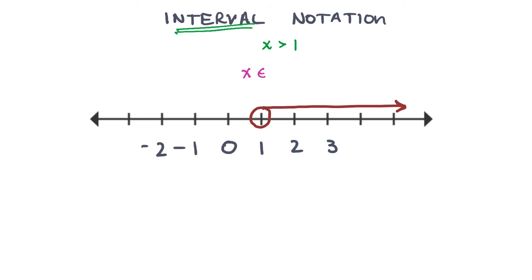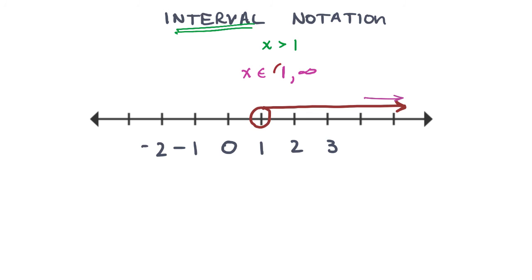x is, and then you use this little backward C with a line in it. It's kind of like an epsilon. And then you just put the interval it's in. In this case, it starts at 1 and it goes to the right forever. And to indicate it goes to the right, you just say infinity like that. So it starts at 1 and goes to infinity. Now, we also have to indicate whether we include 1 in our answer or not.